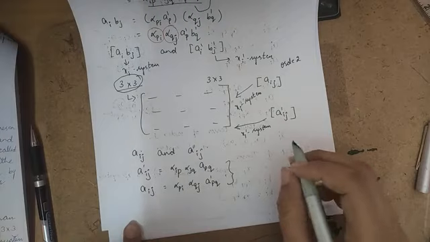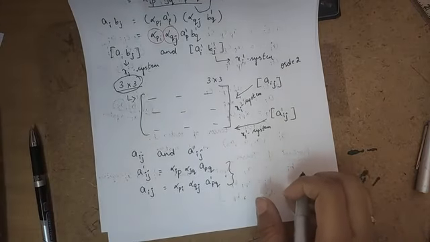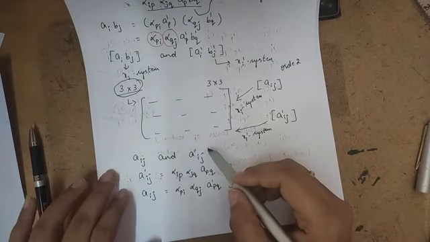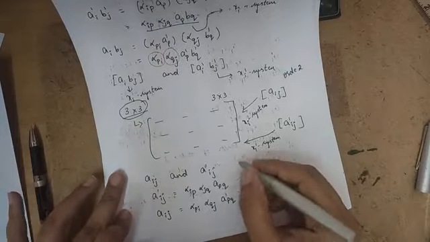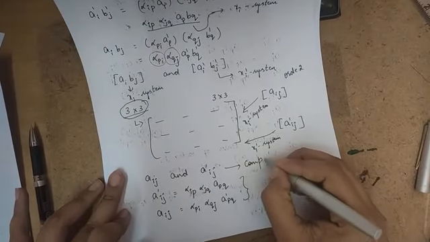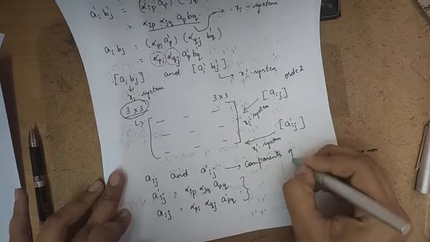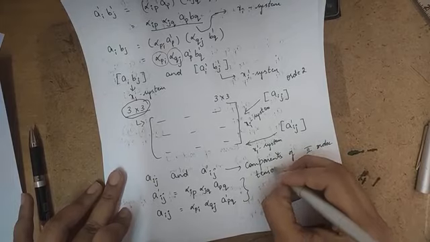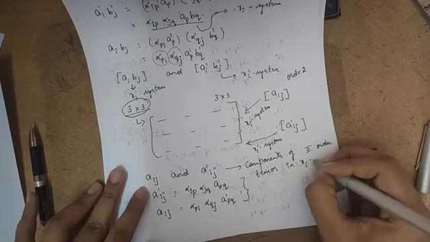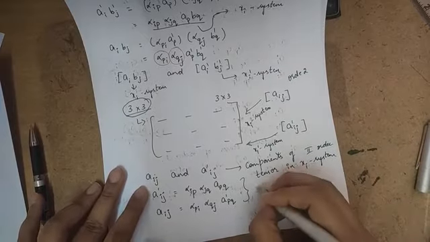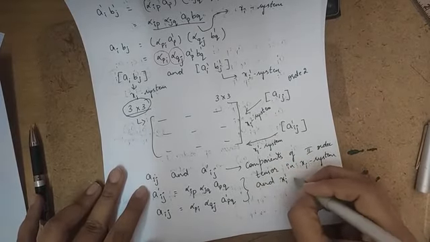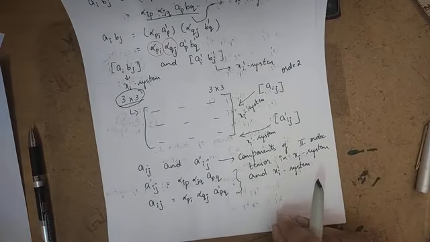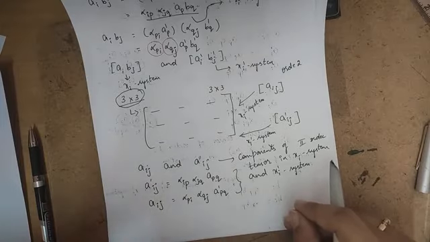This is nothing but a Cartesian tensor of order 2. And here also we know that Aij and A prime ij are the components of the second order tensor in Xi system and Xi prime system respectively.